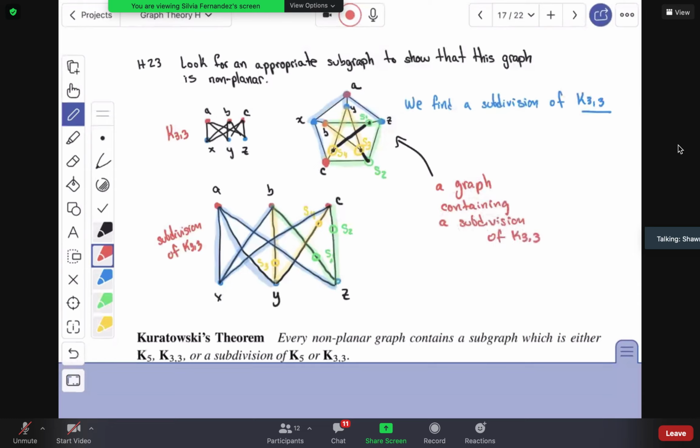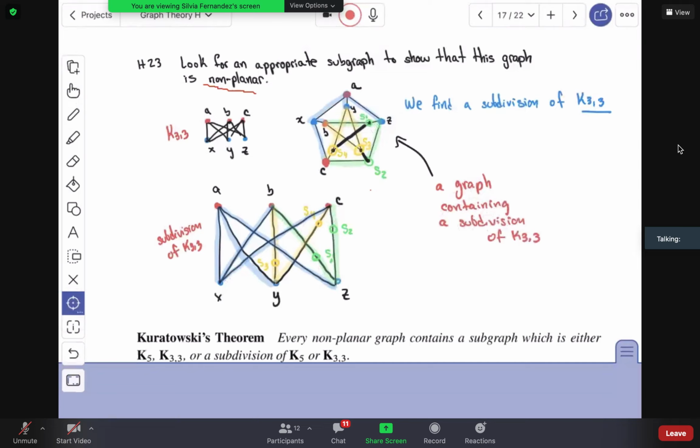So if you were to give us this graph and told us to find a subdivision that is non-planar, which means allows for crossing, or we need to create a graph that does crossing. No. So if I ask you to prove that something is non-planar, if you're using technique 3, you need to find a subdivision inside it.